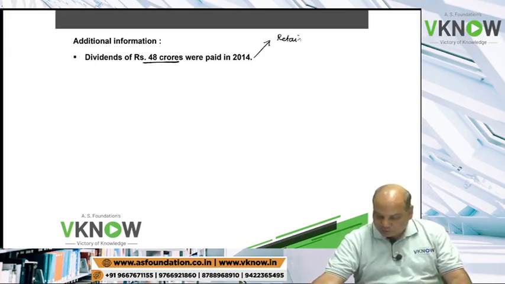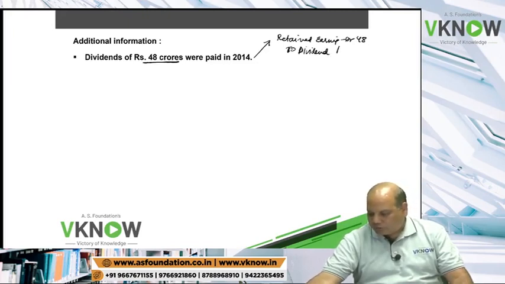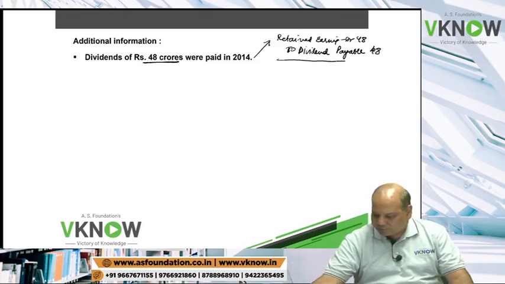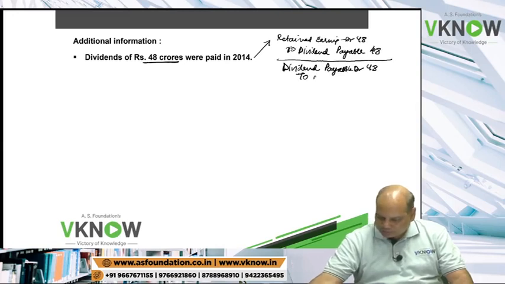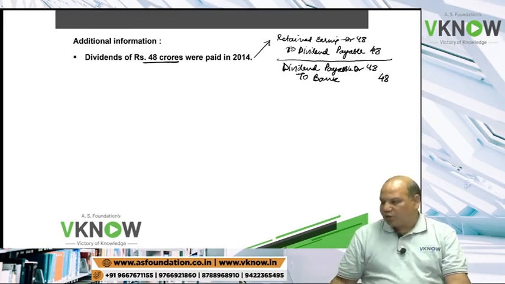They have passed two entries. Retained earnings account debit 48, like the previous question, to dividend payable 48. And the second entry, dividend payable debit 48 to bank 48.